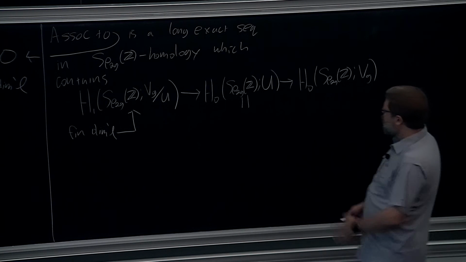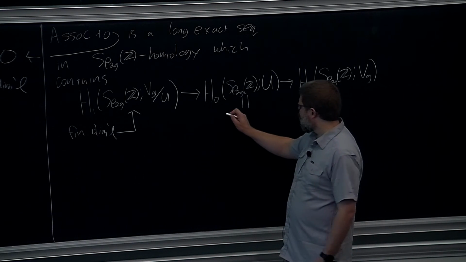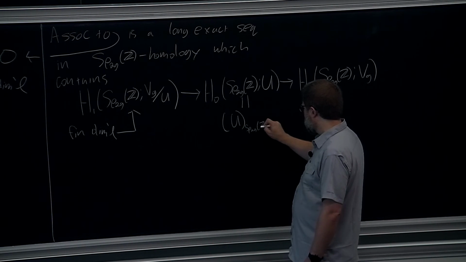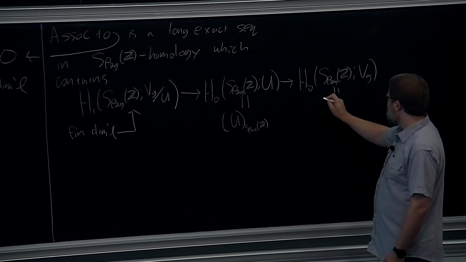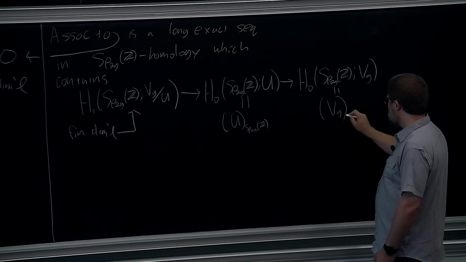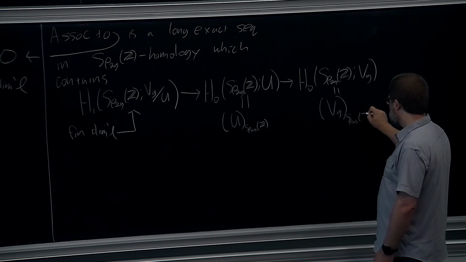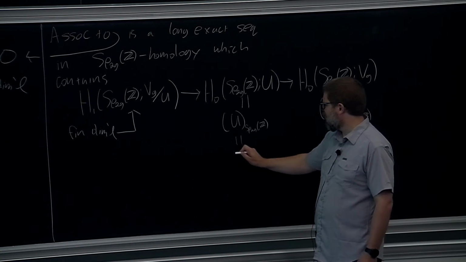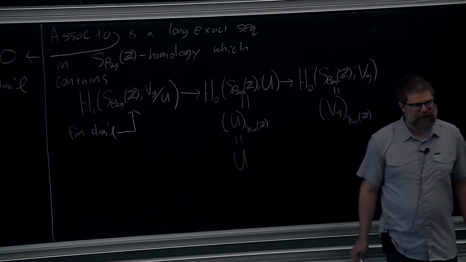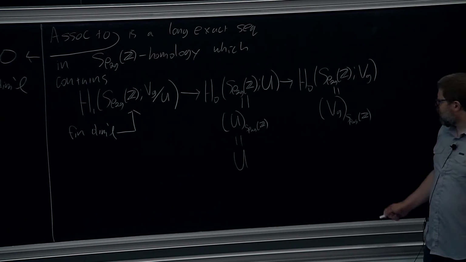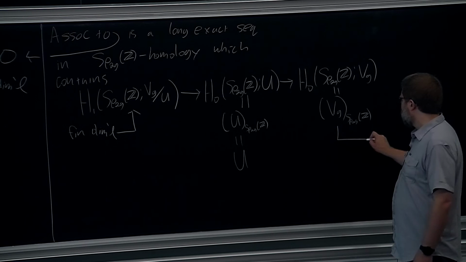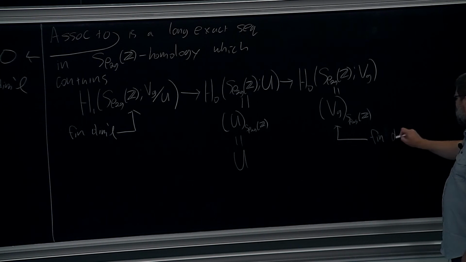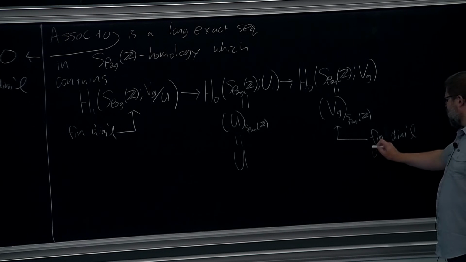So this right here is U, and this right here is V_G Sp2gZ. That's what H0 is. Well, this right here is also called U because the symplectic group is acting trivially. And this right here is finite dimensional by assumption.